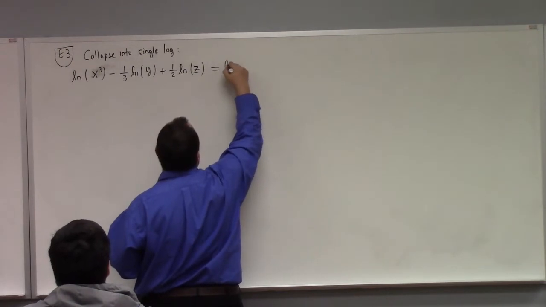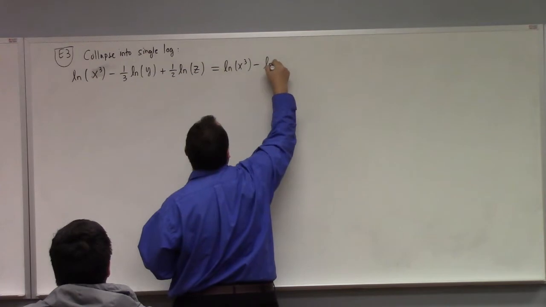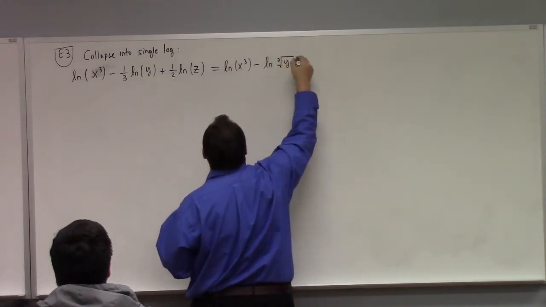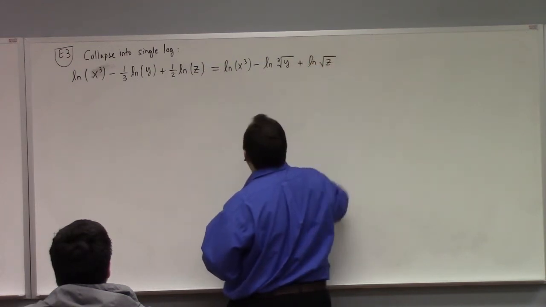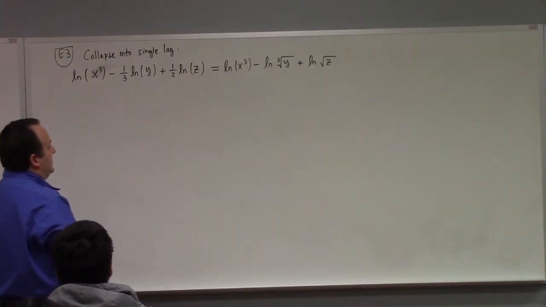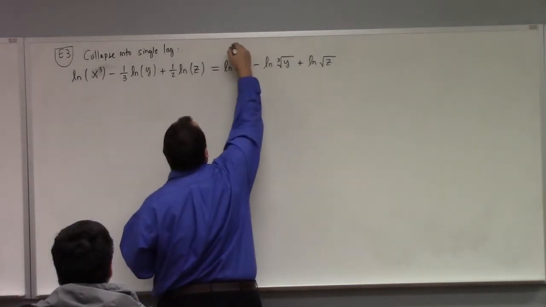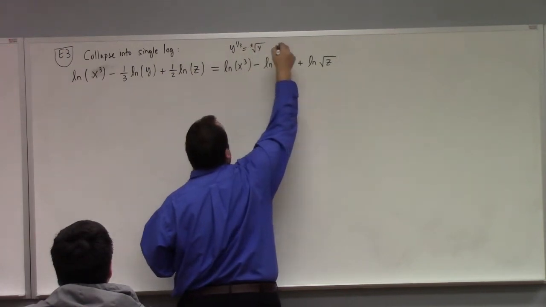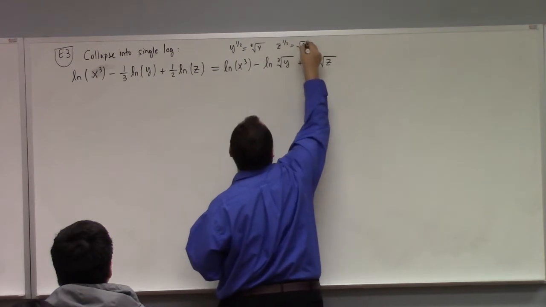So this is really log of x cubed, right? Minus the log of the cube root of y, right? Plus the log of the square root of z. Because remember, y to the 1/3 is the cube root of y, and z to the 1/2 is the square root of z, so I'm using that.